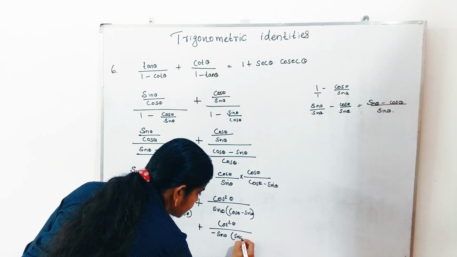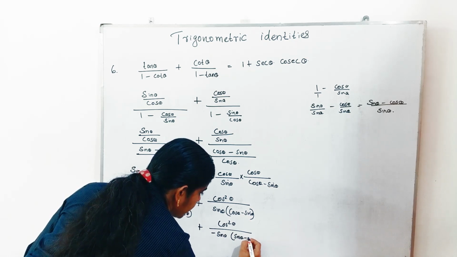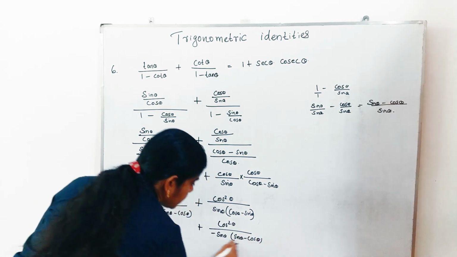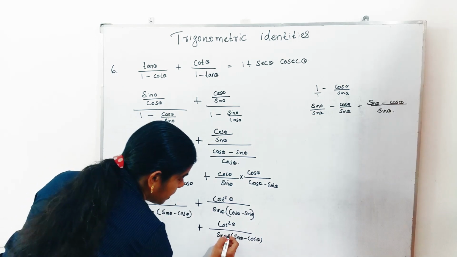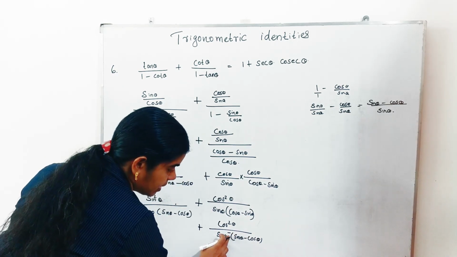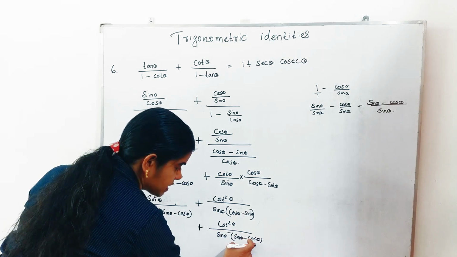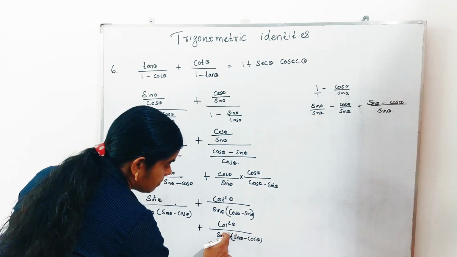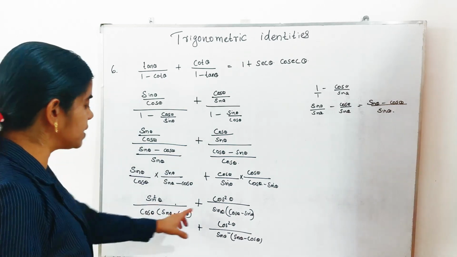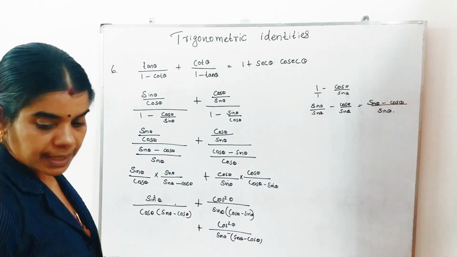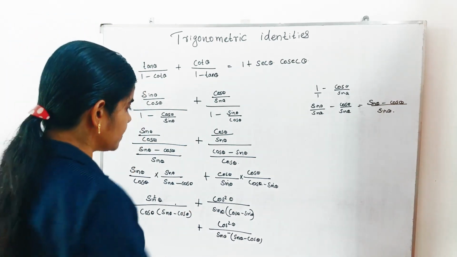Then you can write this as sin theta minus cos theta. This minus, actually I am taking outside. So just look, minus sin theta, then minus of minus cos theta means plus cos theta, the same. That minus I am giving to here. Okay, just look at the next step.